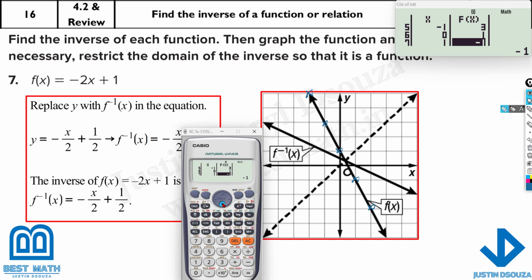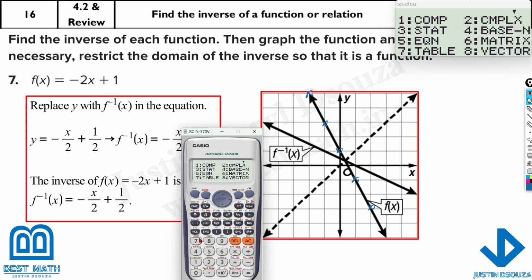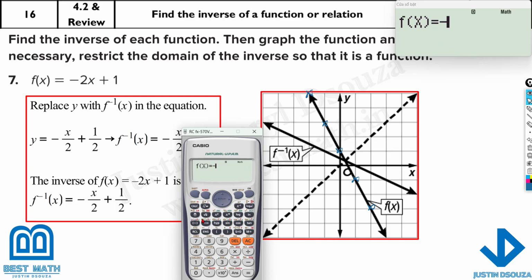What about the other line? Same thing. Just put this equation. Let me go again. It is mode 7 for table. Let us type it out. Minus x by 2, plus half. That is 1 by 2 or 0.5. Now you start at minus 5, end at 5, and step of 1.